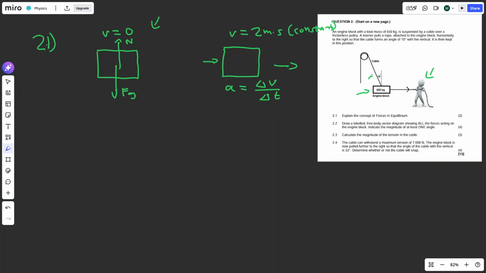Since there is no change in velocity, if our velocity is 2 meters per second, initial and final will be 2. Irrespective of the time, this acceleration here is 0 meters per second squared. So this object is moving but at a constant velocity. There is no net force acting on it, so net force is equal to 0. That's what it means.